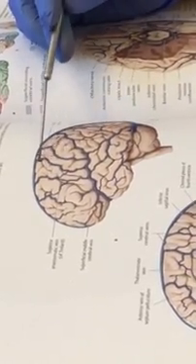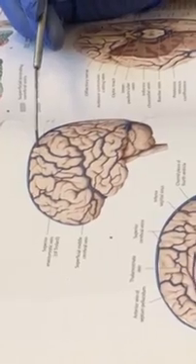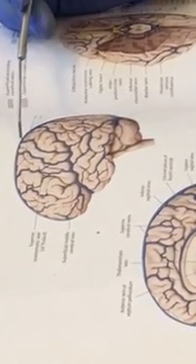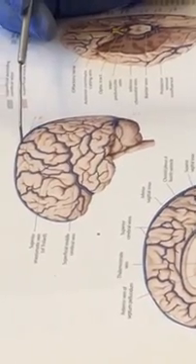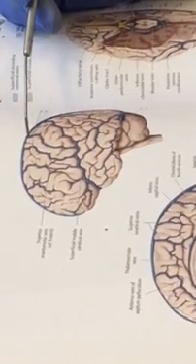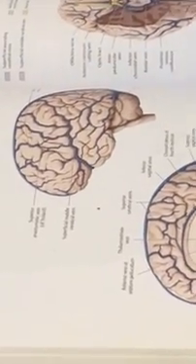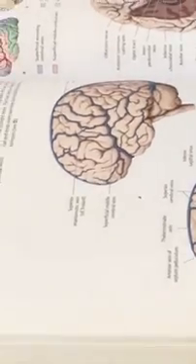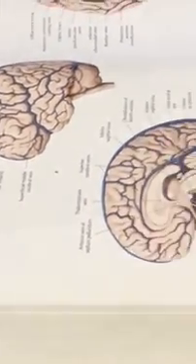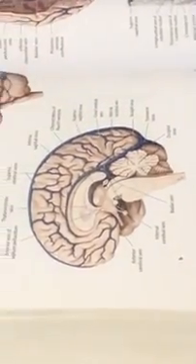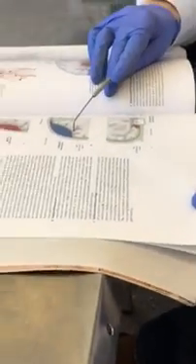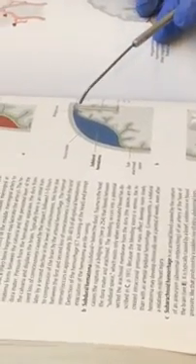But all these are bridging veins because they bridge the subarachnoid space and pierce the dura wall, where they have a very stable point. If we have detachment because of trauma, we have the subdural hematoma. That was typical venous bleeding, because of the bridging veins.